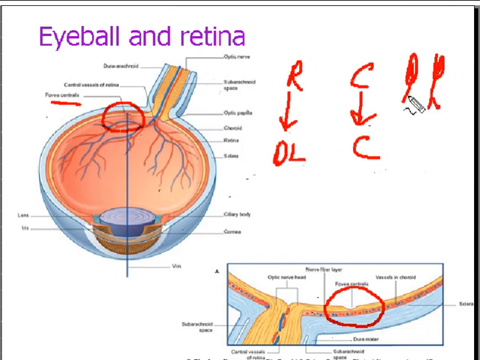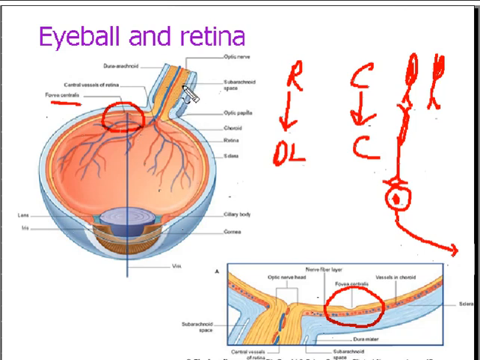These bipolar cells in turn make contact with cells which are known as ganglion cells, and they're rather large. Now, the axons of the ganglion cells exit from the eyeball, and they travel as the optic nerve. So this is the optic nerve, and it is the axons of these ganglion cells which form the optic nerve.